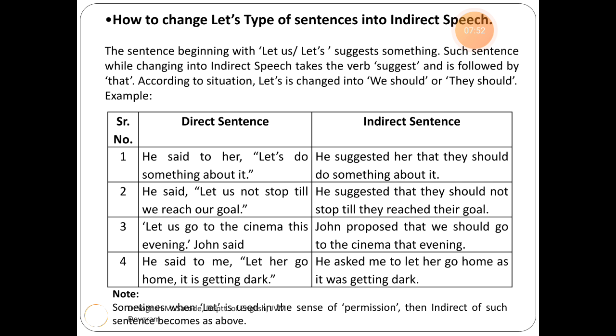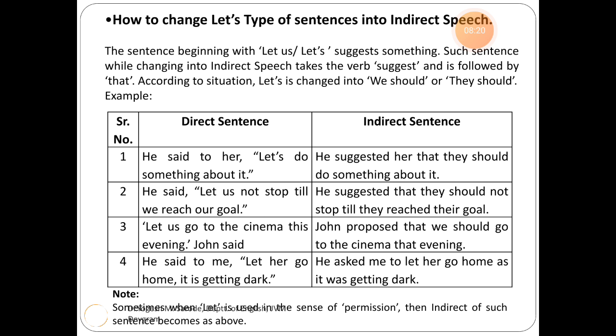So in place of we, there will be they. And because the reporting verb is in past tense, reach will be converted into past tense. That they reached, our will become their, their goal. We had already explained the rules of how we and they change in reporting speech. You can see this in video part 2.